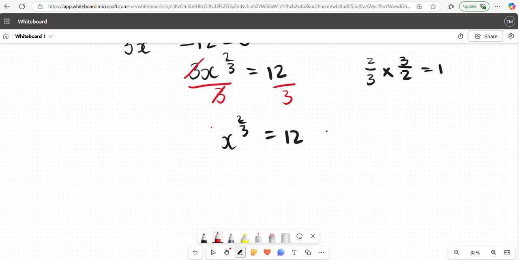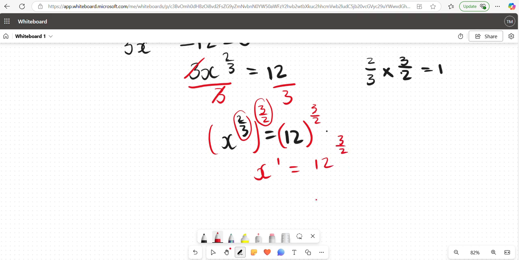So what I'm going to do is put this to the power of 3 over 2, and I'm going to put this to the power of 3 over 2. Why? Because 2 over 3 times 3 over 2 would give me x to the power of 1. And here, if you have 12 to the power of 3 over 2, you could just use your calculator.